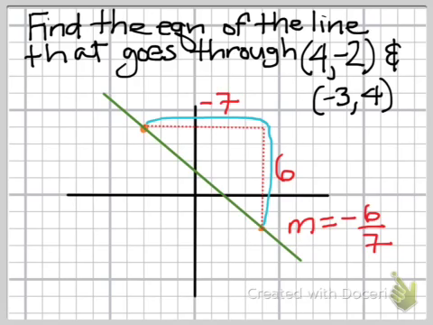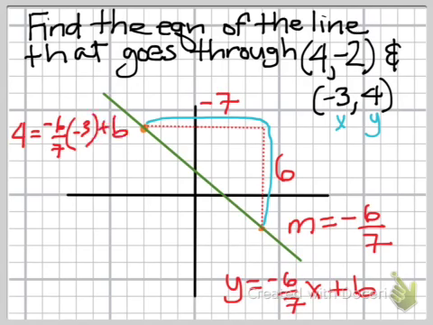Okay, so our slope is negative 6/7, so we can write y equals negative 6/7 x plus b. Now our job is to find what b is. So we'll take one of those points and plug it in. We'll use negative 3 for x and 4 for y, and we get 4 equals negative 6/7 x. Sorry, x is negative 3, plus b.